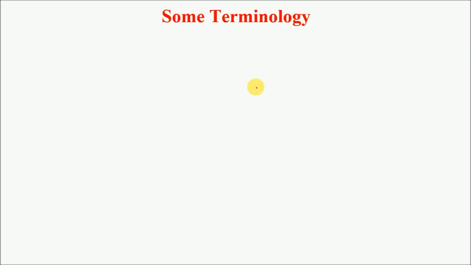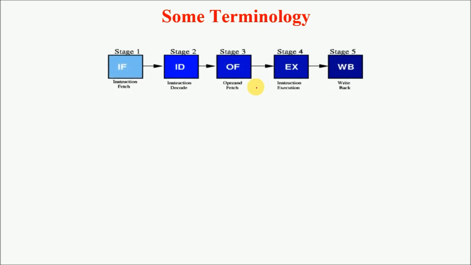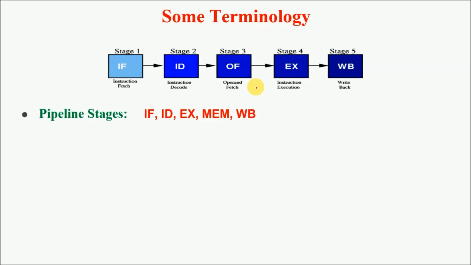Now we'll see some terminology related to the pipelining system. In the pipelining system, all these 5 hardware components are called the stages. So here we have 5 stages: instruction fetch stage, instruction decode stage, instruction execution stage, memory stage, and write back stage.